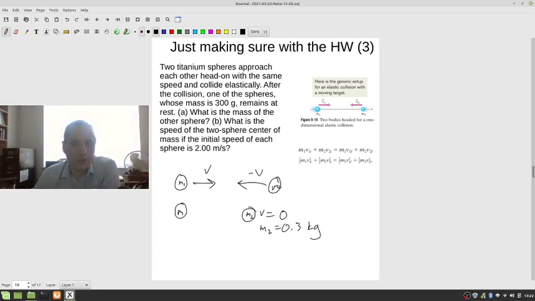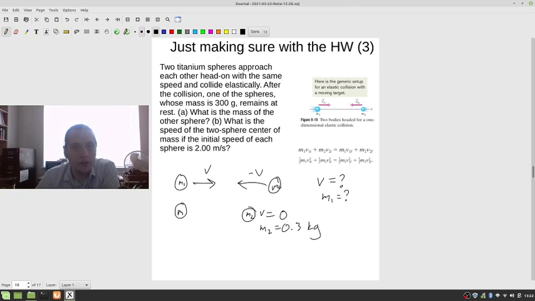The question that they ask, and presumably this will go off in one direction or another, we don't really know, is: what is the mass of the other sphere? This looks like a problem where there's a lot that we don't know, but again, there's really only two things that we don't know. We don't know V, and we don't know M1.